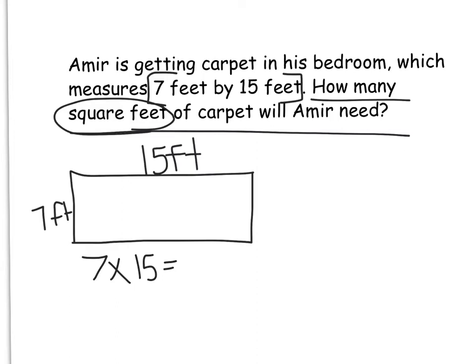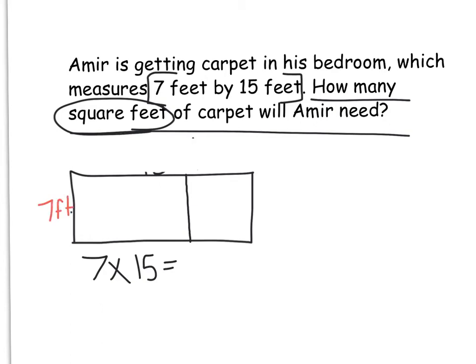So what I'm going to do is erase 15 and 7, and I'm going to break it apart. And I'm going to say he is getting carpet that measures 7 feet by 15.